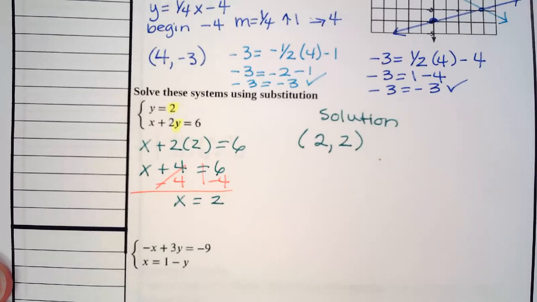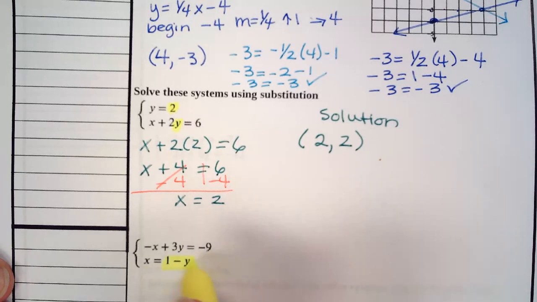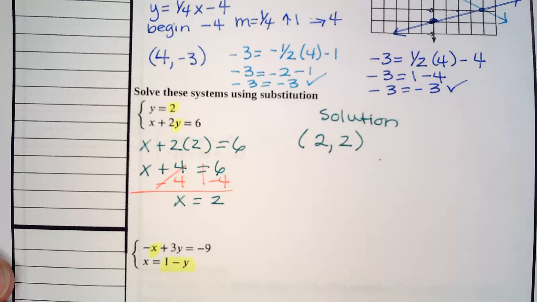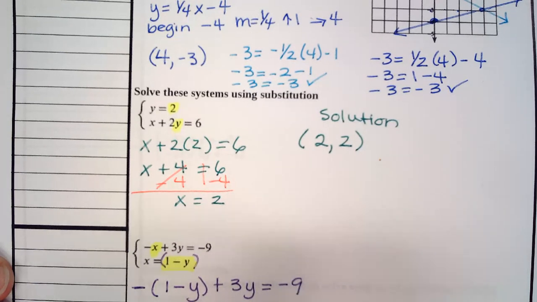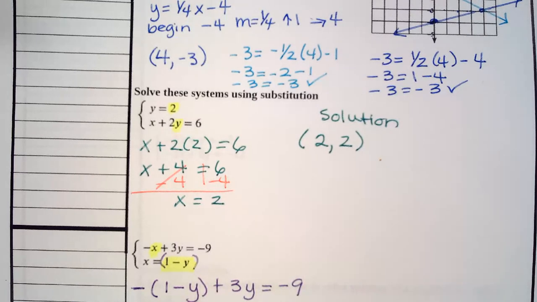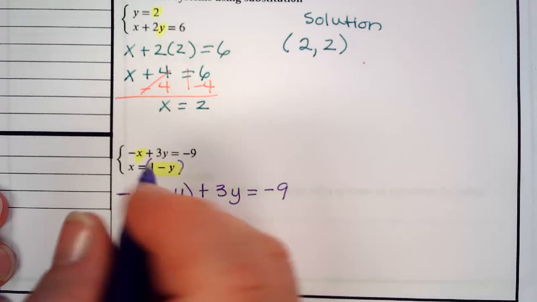Okay, for the next one, we are given the value of x. It will go into the first equation. Remember, we have to use parentheses. The opposite of 1 minus y, plus 3y, is equal to -9. Use your distributive property.